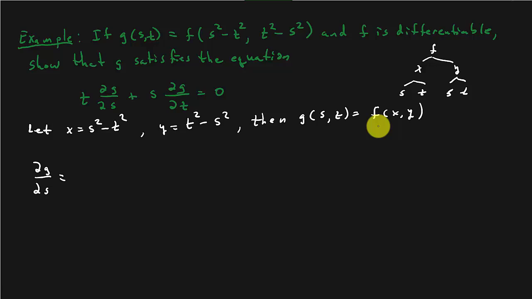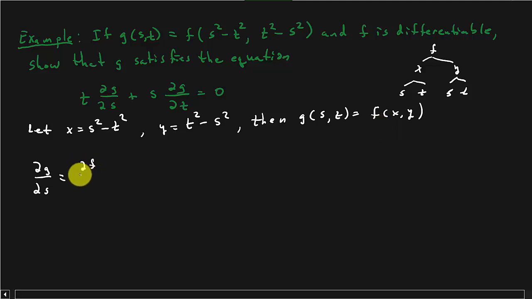So this is going to be the partial of f with respect to x times the partial of x with respect to s, plus the partial of f with respect to y times the partial of y with respect to s. That's my partial g with respect to s.